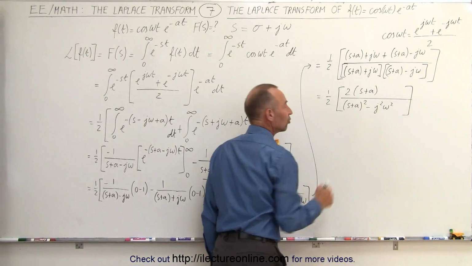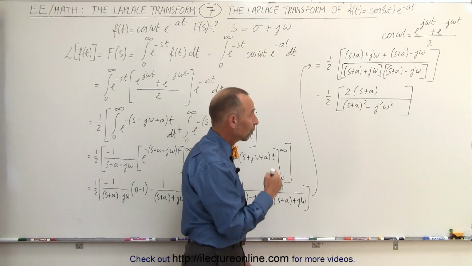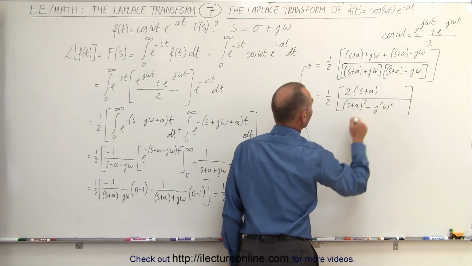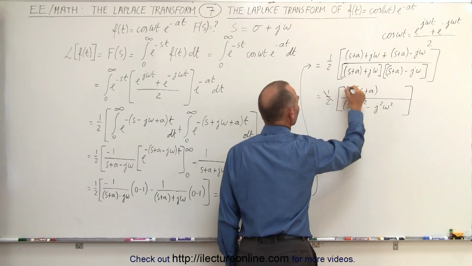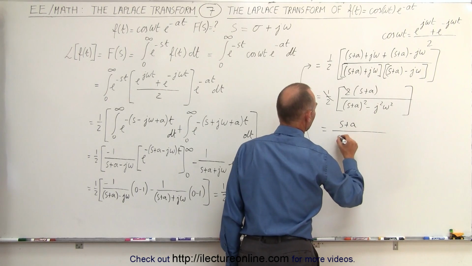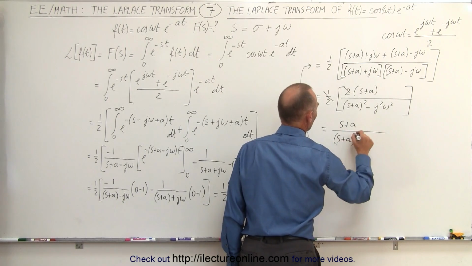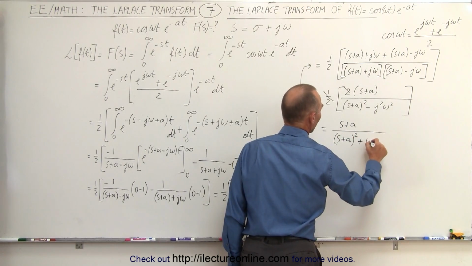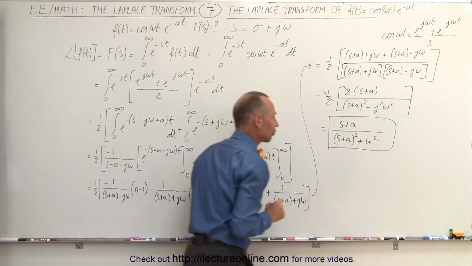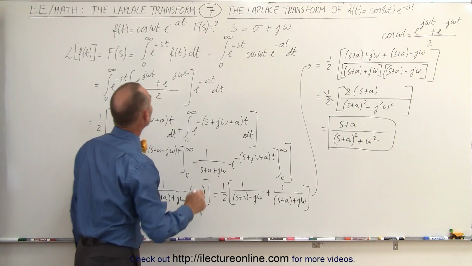And of course, j is the square root of negative 1, so j squared is negative 1. So this becomes positive, and these cancel right here. So we end up with s plus a in the numerator divided by s plus a squared plus omega squared. And this here is the Laplace transform then of our original equation right here.